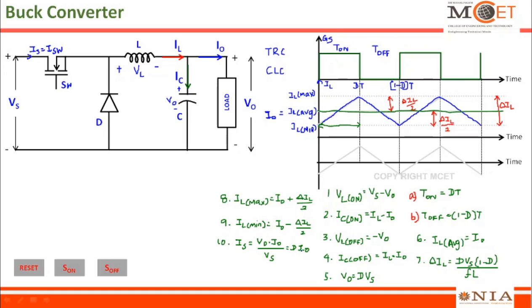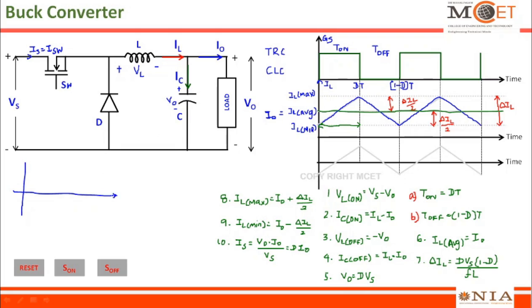I assume that I0 is constant, because the current through the load should be constant, and it is equal to IL average, which is fixed. For a particular duty cycle, the source current is also fixed. Current flows through the switch only when it is in the on condition.